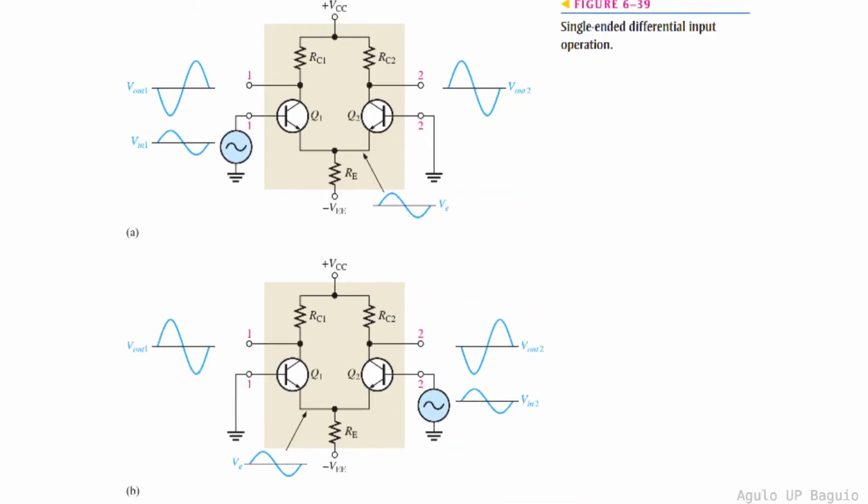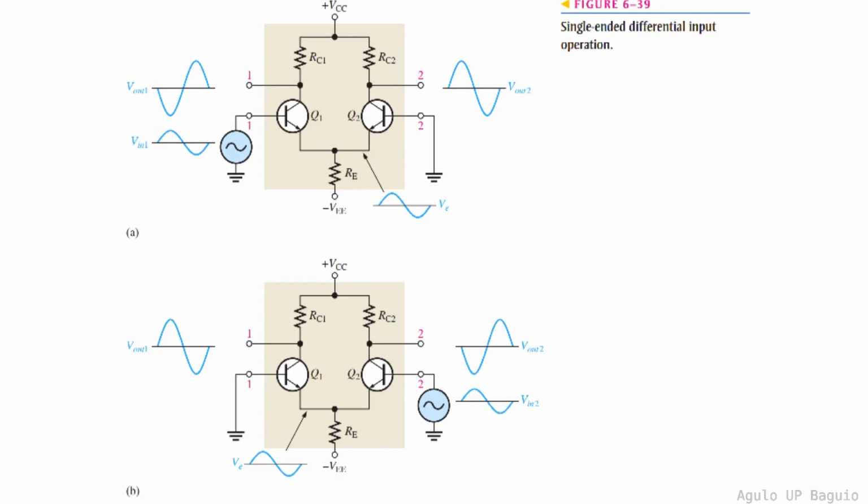Let's apply what we've learned about the basic operation of the differential amplifier to an input AC signal. If input 2 is grounded and input 1 is AC biased, then the output at the collector terminal at Q1 is the amplified AC voltage with a phase inversion. On the other hand, the output at the collector terminal at Q2 is the amplified AC voltage that is not phase inverted.